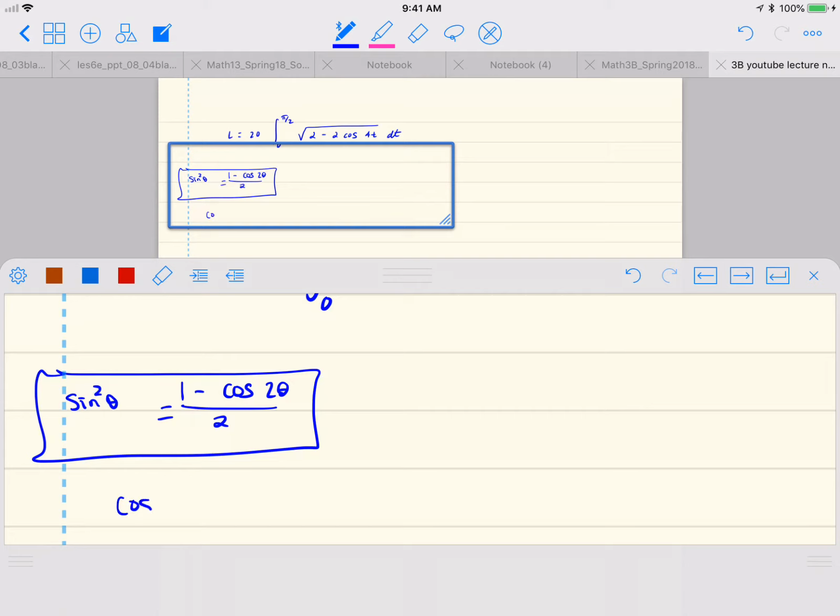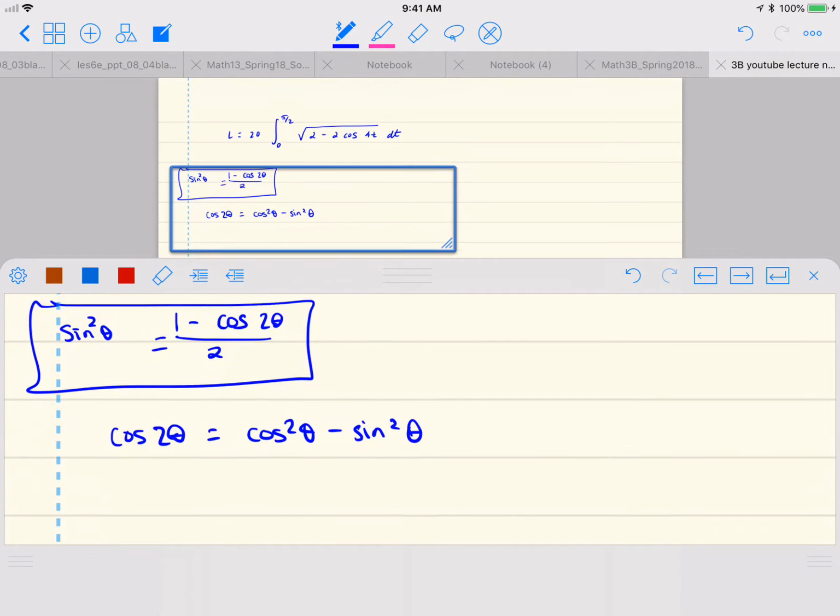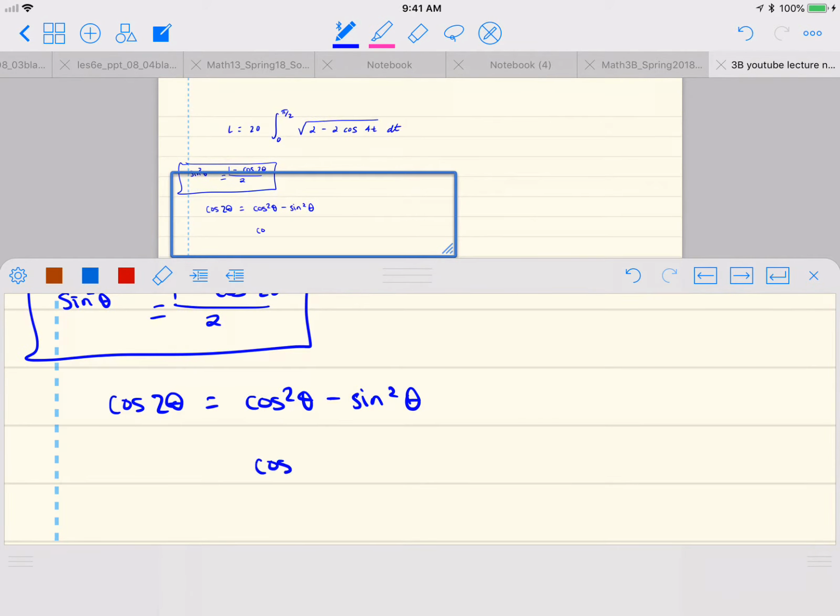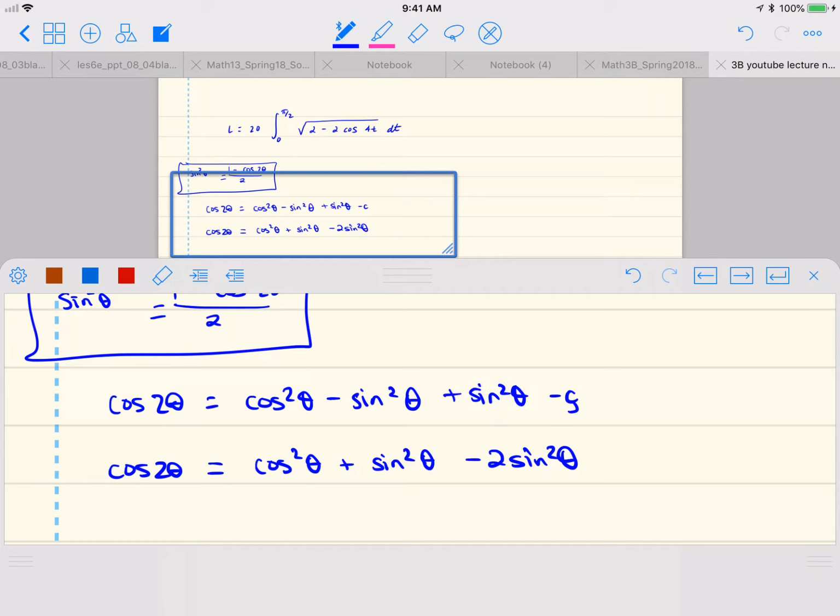Cosine of 2 theta is equal to cosine squared theta minus sine squared theta. True. And cosine squared theta plus sine squared theta minus 2 sine squared theta is going to be equal to cosine 2 theta. Right, all I did was add in a plus sine squared theta minus sine squared theta.